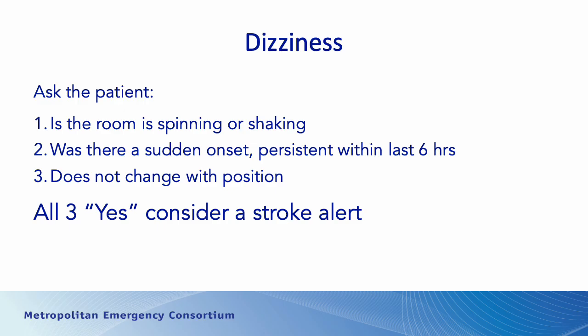Many of the charts have to do with additional assessment tools, which we don't do in the field. So for you, it's going to be a high level of suspicion. How does the patient look? How did it start? If the patient gets a little lightheaded when they stand up, that's not it. If the patient's had acute onset of spinning, dizziness, nausea, vomiting, and it's been ongoing, think about posterior circulation event.